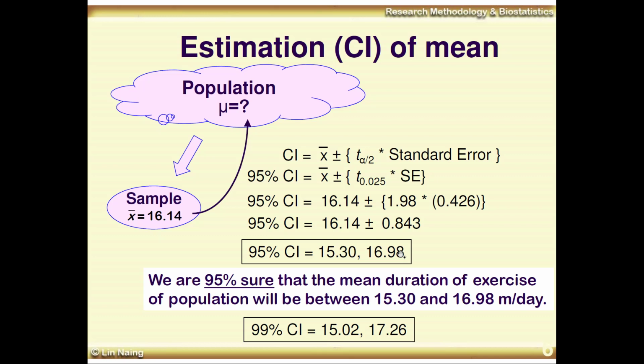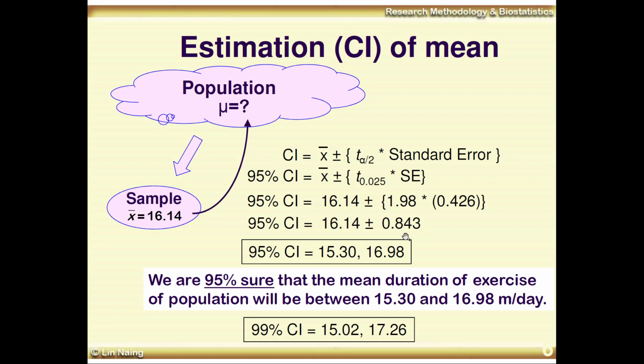This one is about CI, confidence interval. Confidence interval is very much dependent on standard error. If you look back at the formula, standard error is the standard deviation divided by the square root of n.